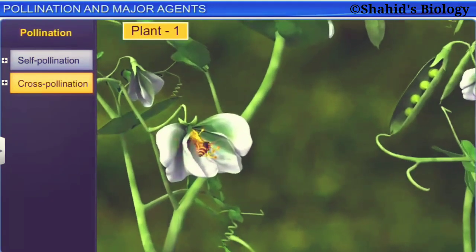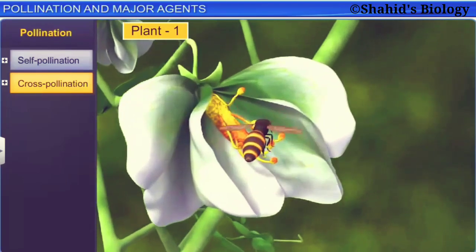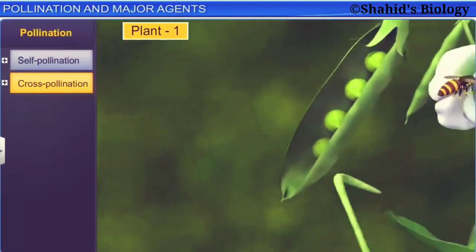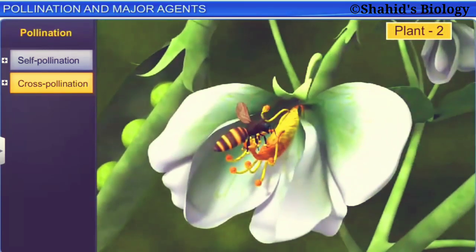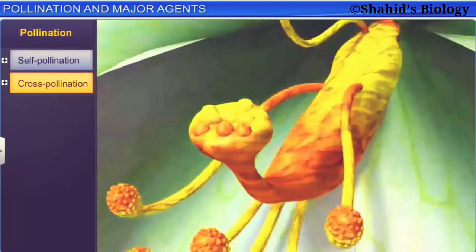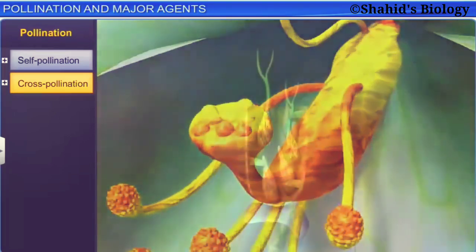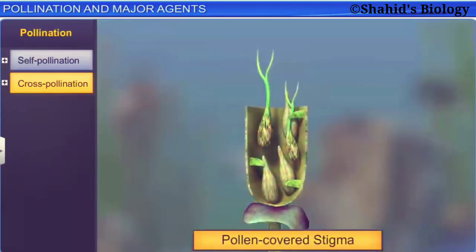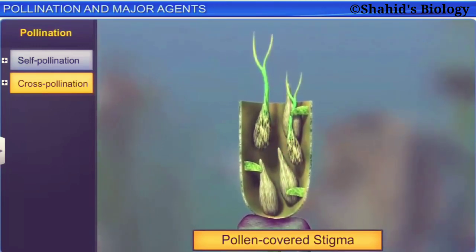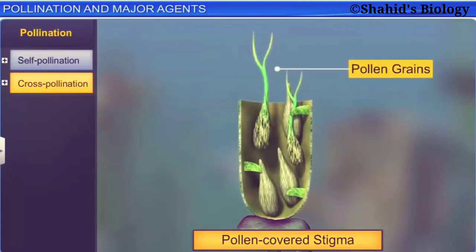This type of pollination involves the transfer of pollen grains from the flower of one plant to the stigma of the flower of another plant of the same type. This type of pollination is called xenogamy or allogamy. Interestingly, xenogamy is the only type of pollination that brings genetically different types of pollen grains to the stigma.